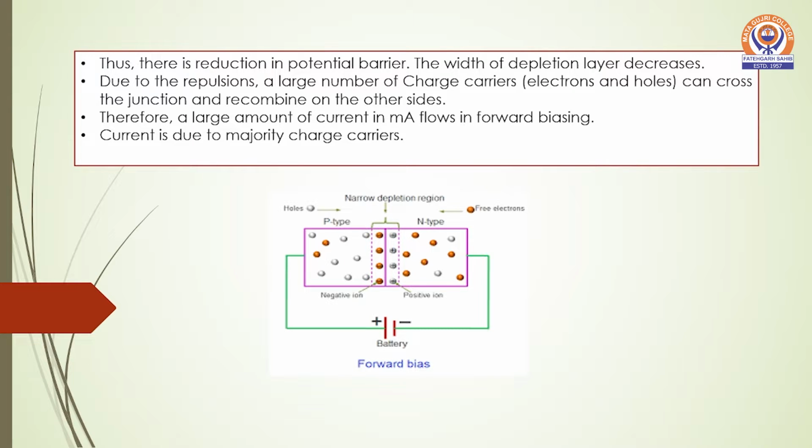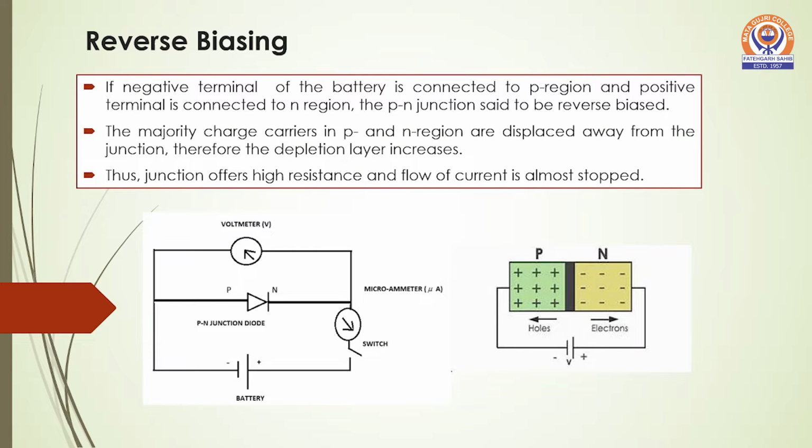The current in milliamperes flows in the forward biasing, while in reverse biasing, the negative terminal of the battery is connected to the P side and positive terminal is connected to the N side. The majority charge carriers are displaced away from the junction. Therefore, the depletion layer increases.